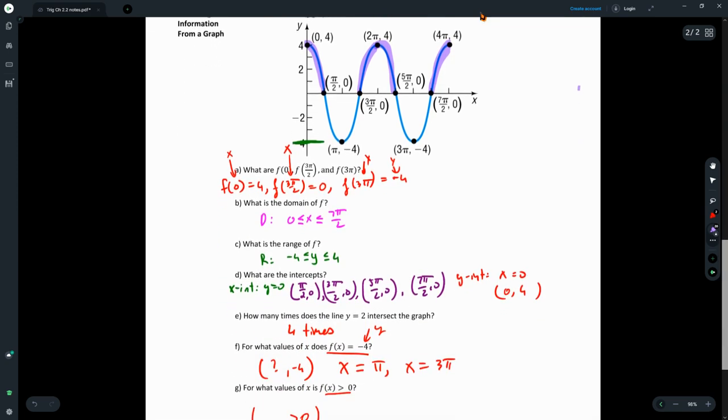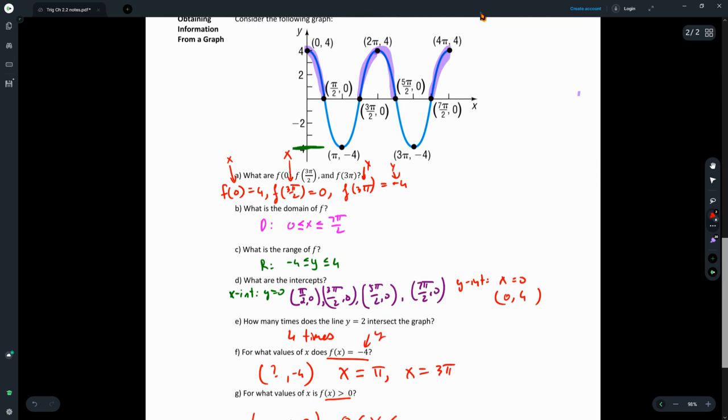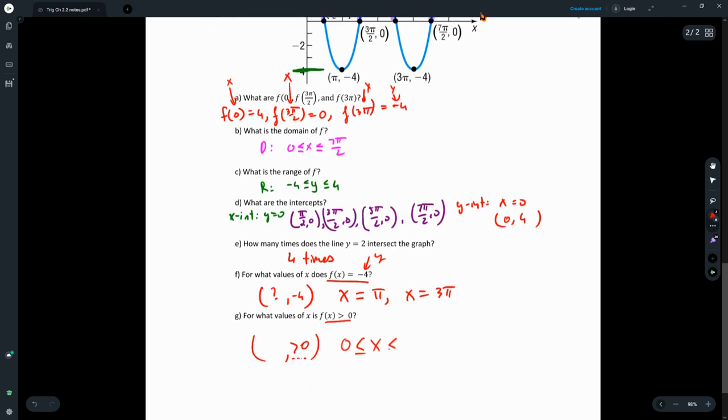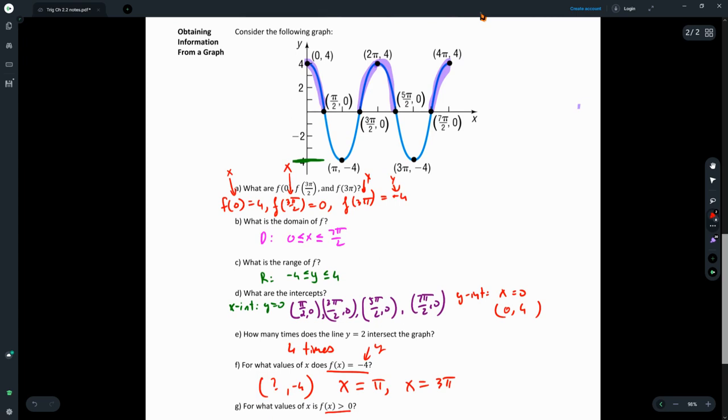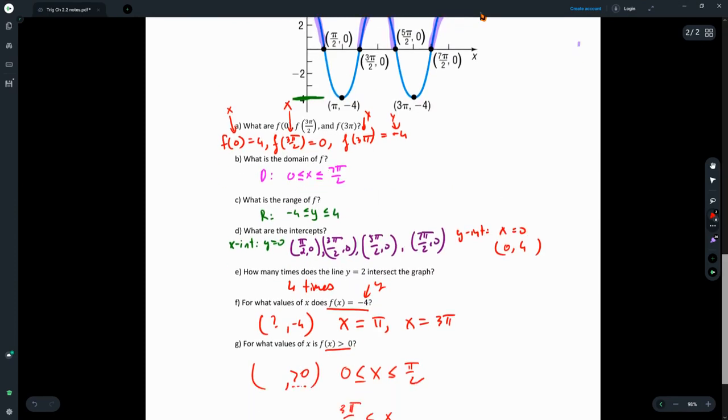So my x is in between 0 and pi over 2, and then from 3 pi over 2 to 5 pi over 2.